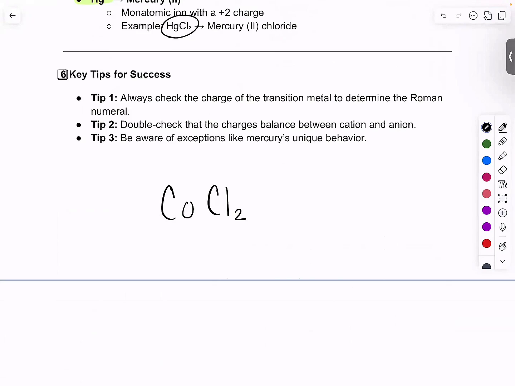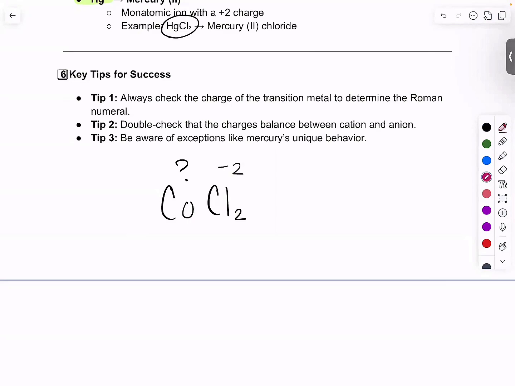And we need to determine what charge we have here. That's the big question, right? And so we'll recognize, okay, cobalt's a transition element. I need to add a Roman numeral. I can't assume it's 2 or 3. So I'll just make sure, okay, well, chlorine is -1, and we have 2 of them. So we're going to carry a -2 charge here.